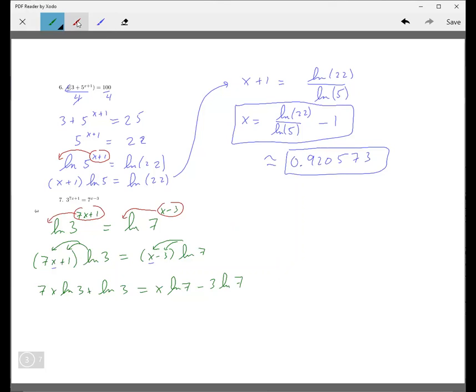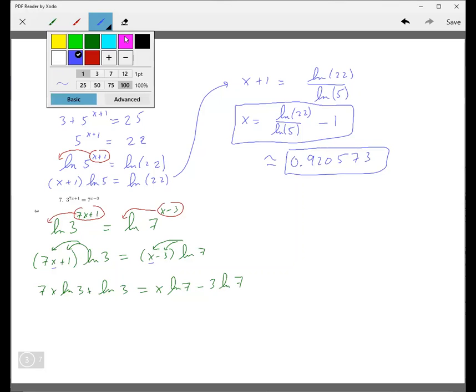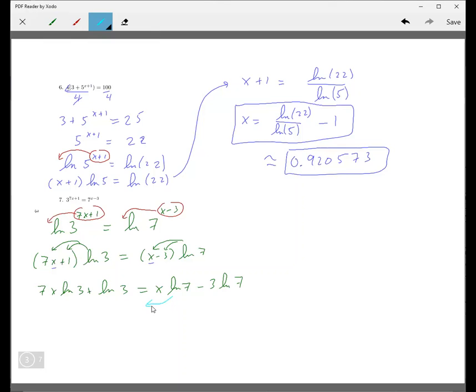Okay, now what you want to do is you want everything with x's on the left-hand side of the equation, everything without an x on the right-hand side. Okay, so you go over there, you go over there. So this log 3 comes over as a negative log 3.